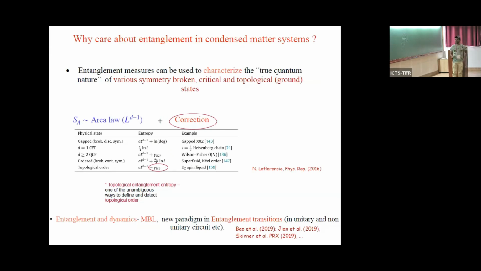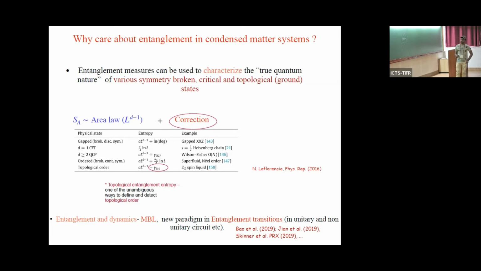So we understand what quantum entanglement is, but why do we care about it from a condensed matter perspective? The reason is that we can characterize various symmetry-broken, critical and topological ground states by this entanglement measure. Typically, ground states have entanglement obeying an area law, plus a correction. This correction is important, as it characterizes different kinds of ground states.